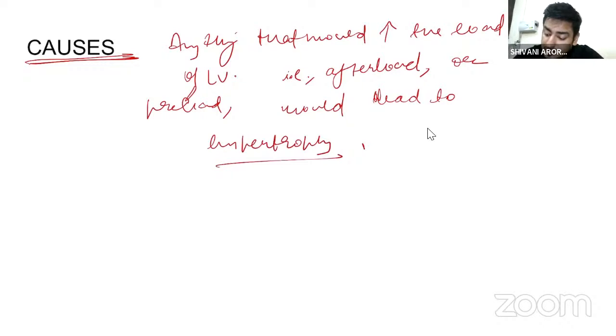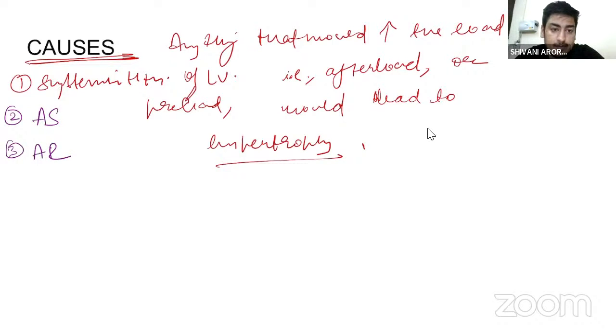So the first and most common cause is systemic hypertension. Another cause is AS, aortic stenosis. Another cause is AR. Another cause is MR. Clear?